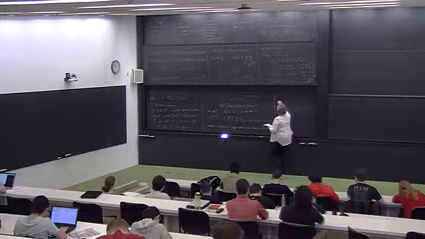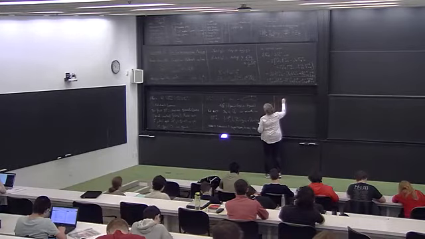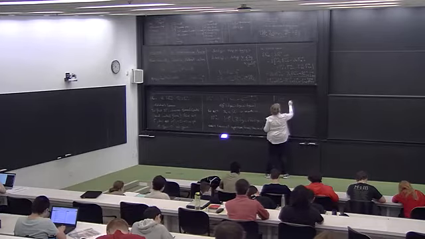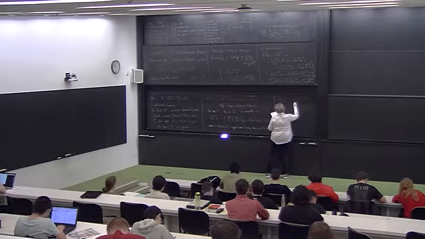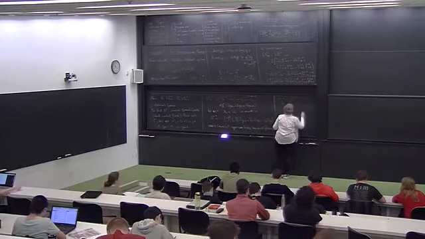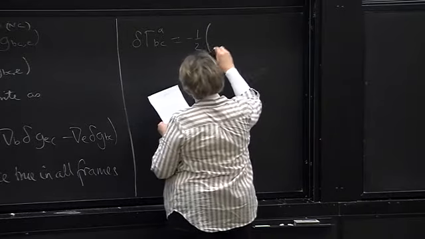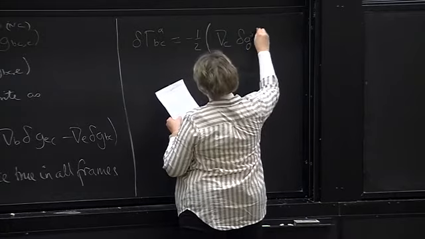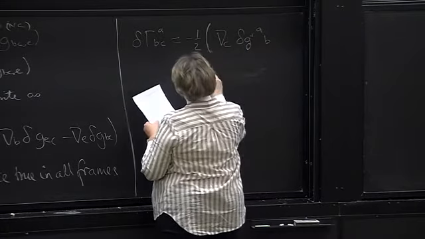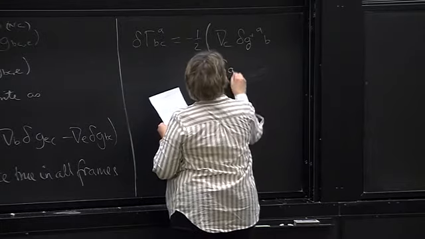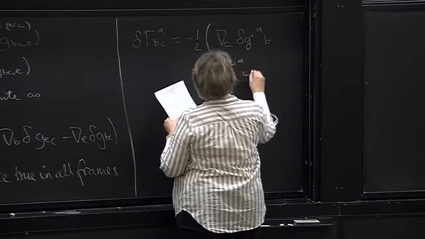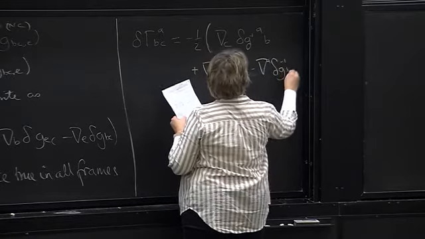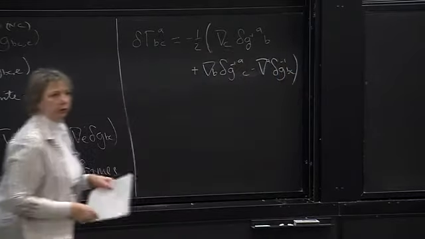So that means if I want to write delta gamma in terms of my inverse g's, I simply basically put a minus sign.